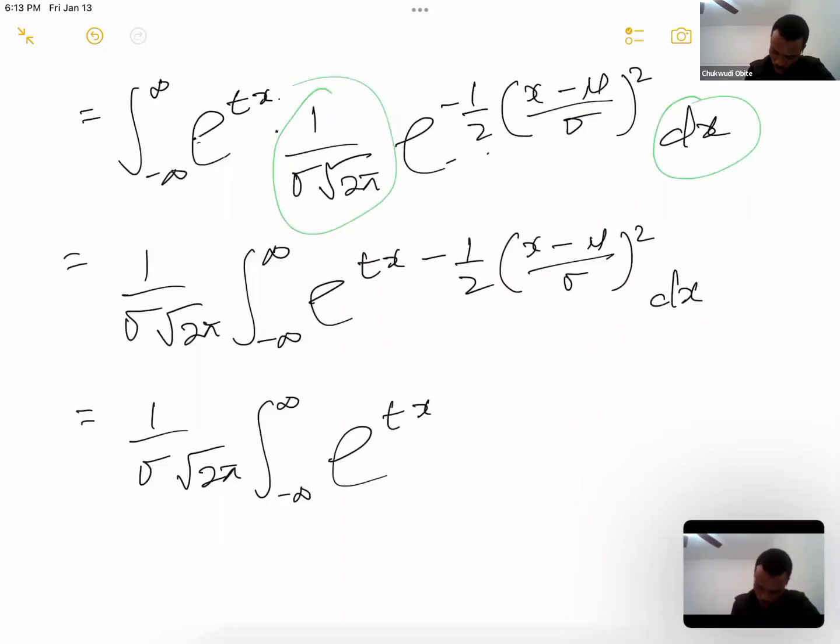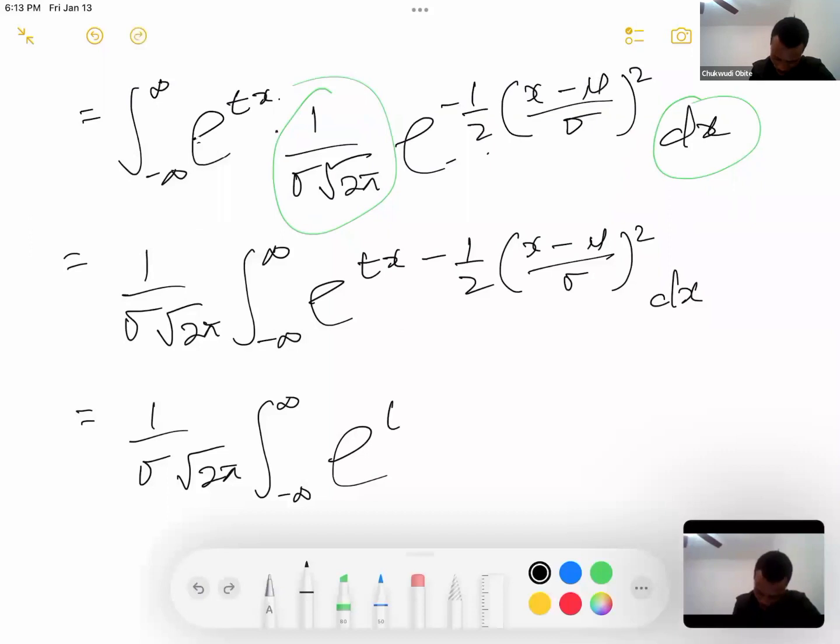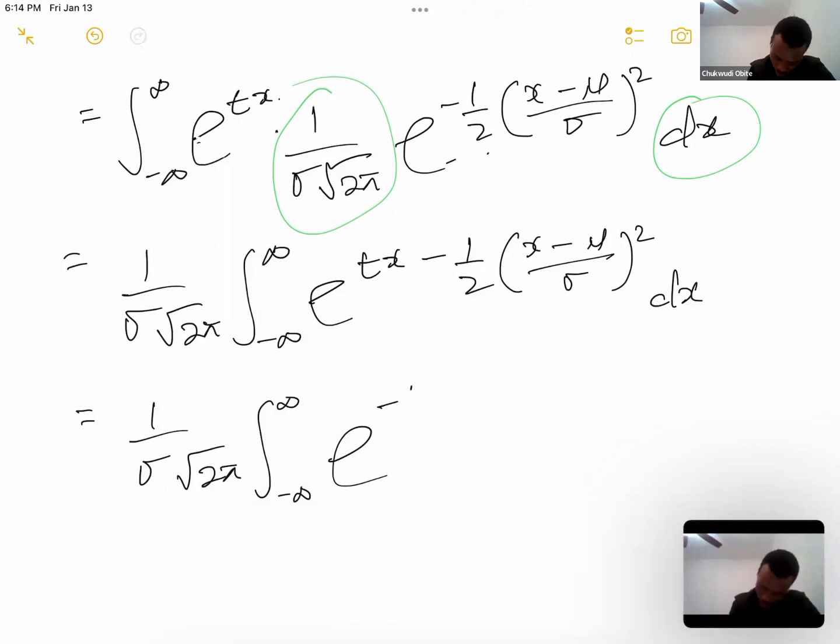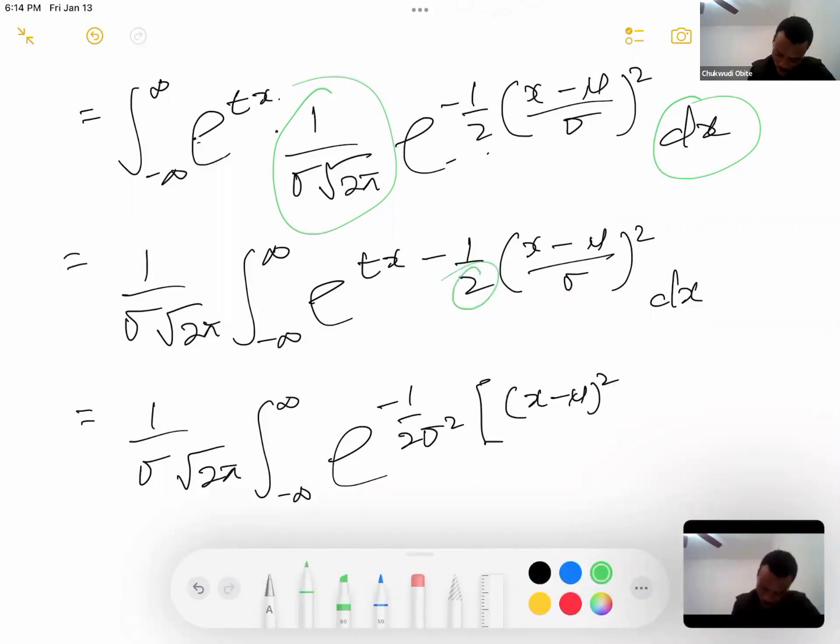So let me factor out minus half sigma squared. If I factor out minus 1 over 2 sigma squared, what will remain from the second function will be (x minus mu) squared. I factored out 2 and I factored out sigma squared.